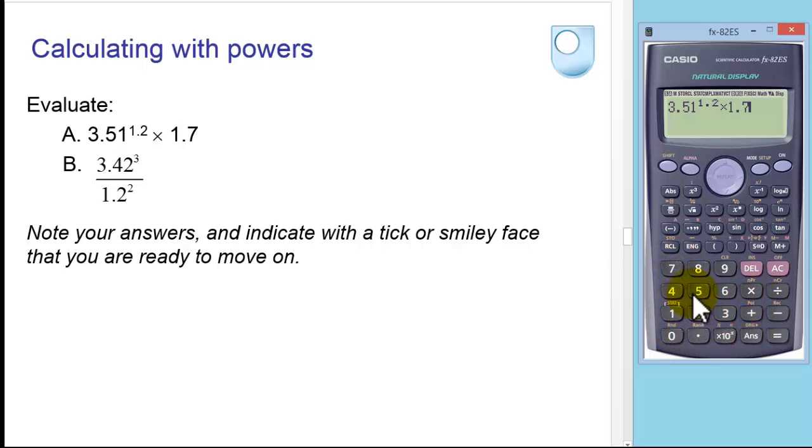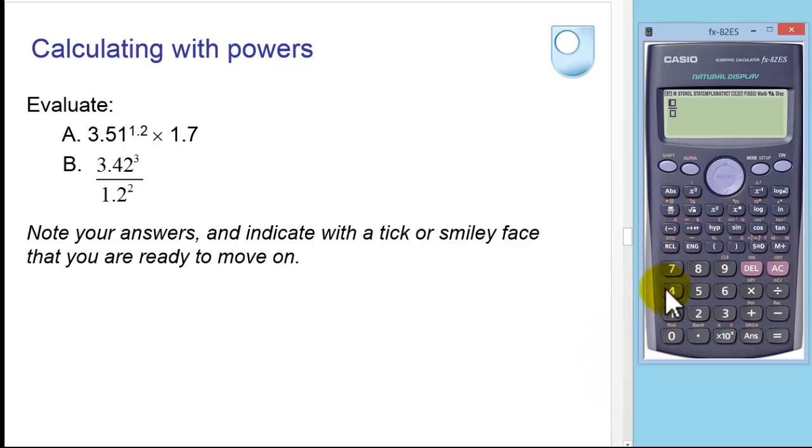So just make sure that the times symbol is shown at the normal level and not as directly following on from the power. And then press equals to get the answer, and it gives me the answer of 7.67 to three significant figures.